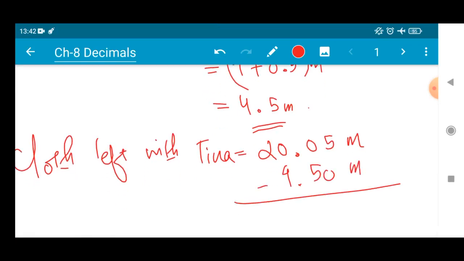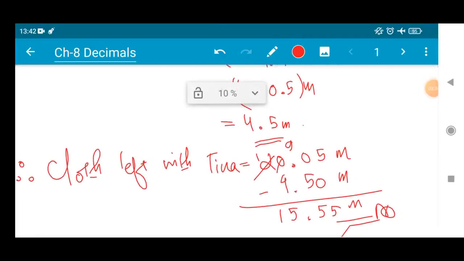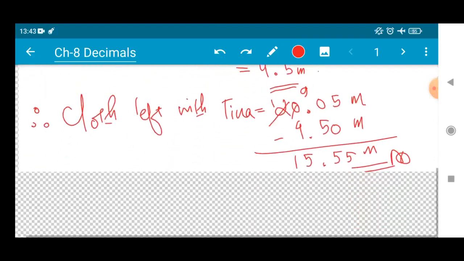So let us now subtract. 5 minus 5 is 0, 9 minus 4 is 5, and here it will be 1. So it will be 15.55 meter. Okay students, so I hope you guys understood why I have converted this 2 units into single unit, so that it will be helpful here.